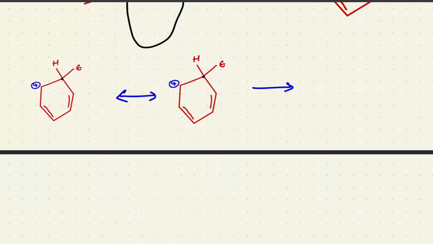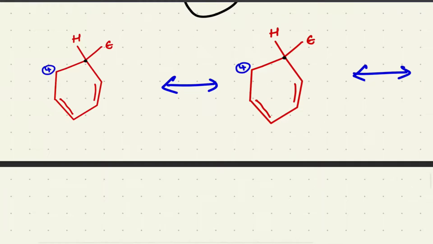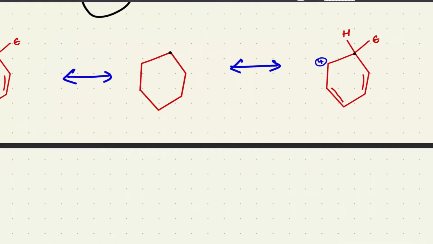Just a second, let me draw all the structures. Let me redraw everything, considering whatever changes I'm supposed to make. The first structure will remain as it is, because we are considering resonance from there.